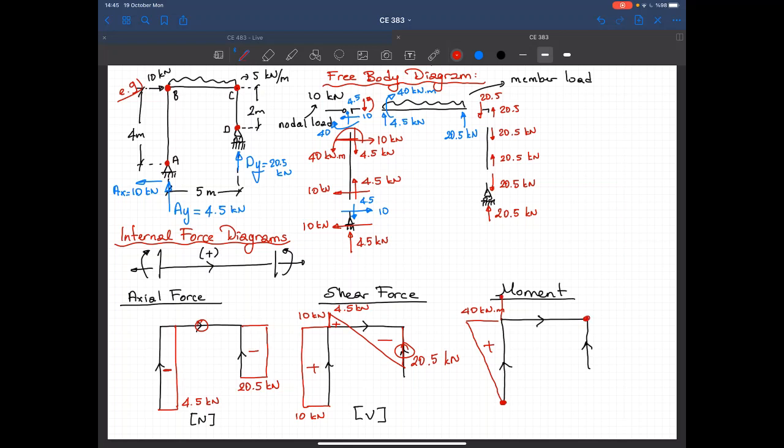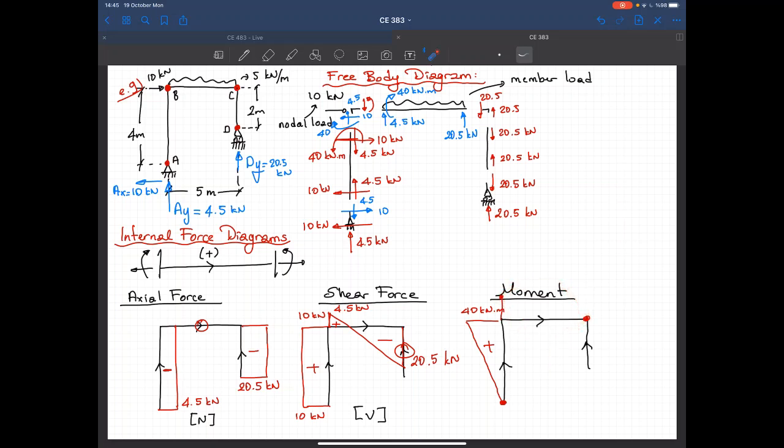I should have a 0 moment here. What about the variation in between? So a uniform distributed load gives me linear variation in the shear. So the variation in the moment should be quadratic. But the question is, will it vary like that or this way? Which one?